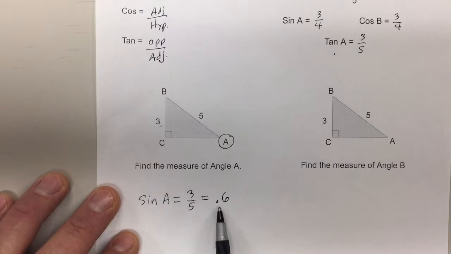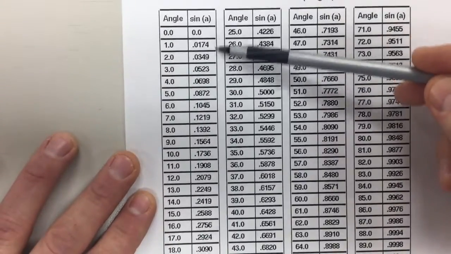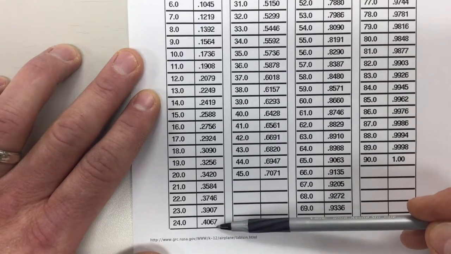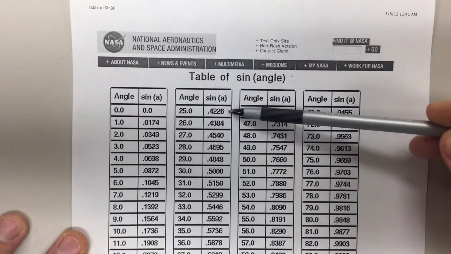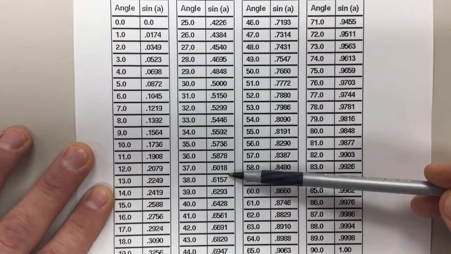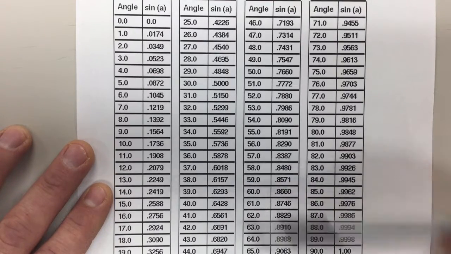So since in our example the sine is equal to 0.6, I simply move down the chart until I find 0.6. Now you see this first column ends at 0.4, so I have to go to the second column. And I keep moving down until I find a number as close as I can to 0.6.